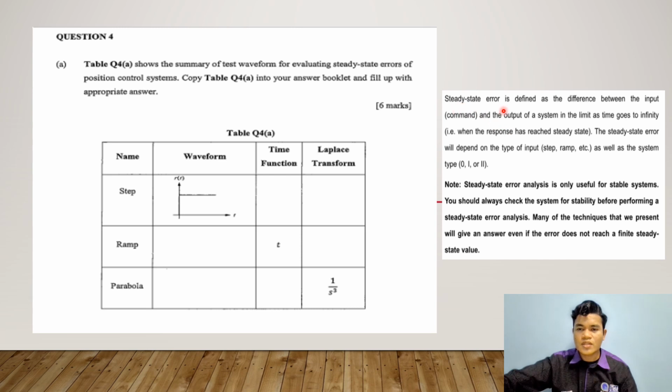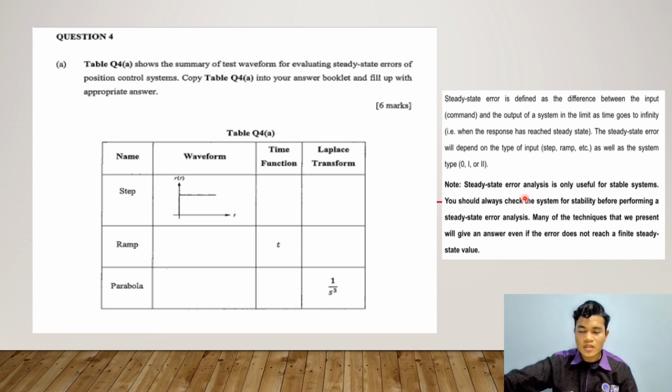From this note, steady state error is defined as the difference between the input command and the output of the system in the limit as time goes to infinity. When the response has reached steady state, the steady state error will depend on the type of input, step, ramp, or parabolic, as well as the system type 0, 1, or 2.